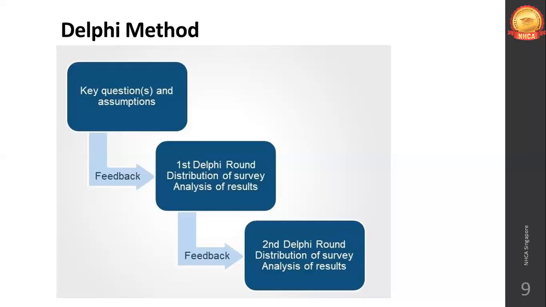It is anonymous, but discussion about the solutions will go on between all the experts. They will understand each other. Once they understand each other's point of view, they will accept it. Slowly the Delphi method will end when everyone realizes and accepts one single solution, and that solution will be implemented. That is the Delphi method.